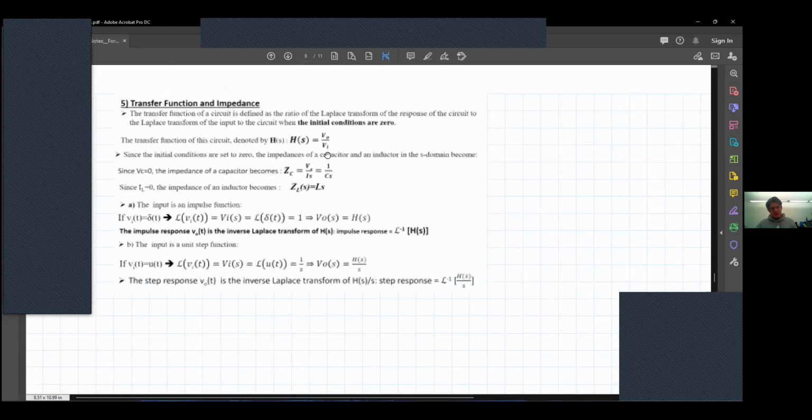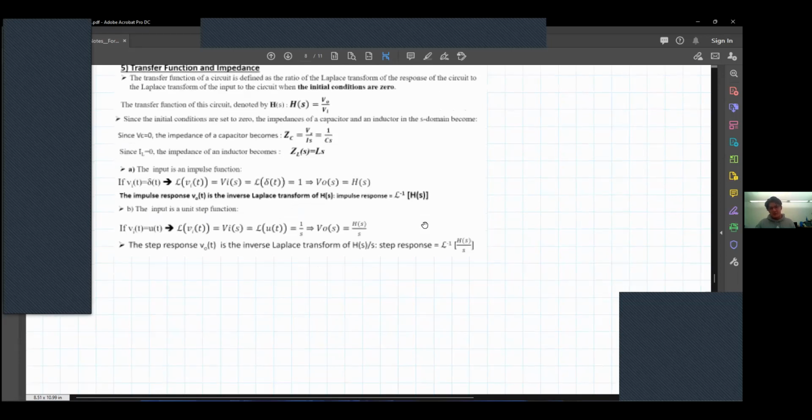These are just slightly more general ways of talking about the transfer functions and impedance. Do note that there's such a thing as the impulse function and the step function, which will affect what your transfer functions are. This becomes important later on in your electrical engineering program, but right now they're not very likely to show up.